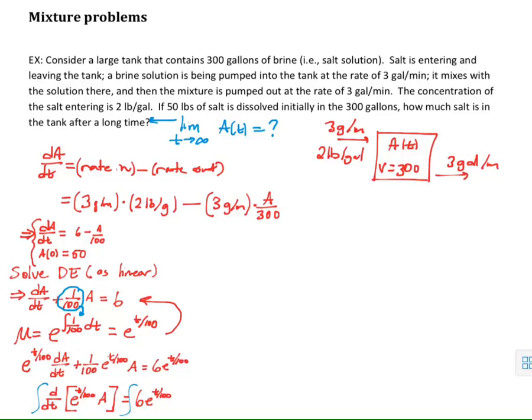All right, let me come back up here now. I end up with, on the left-hand side, since an integral of a derivative is just the integrand, e to the t over 100 times A equals the integral of 6e to the t over 100.